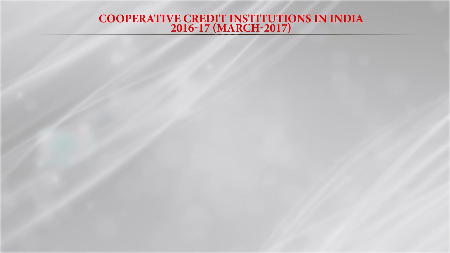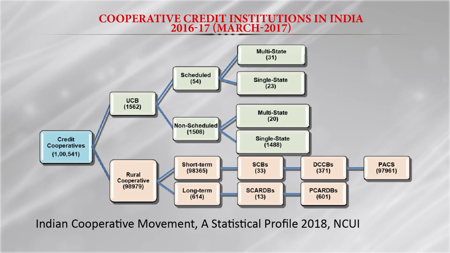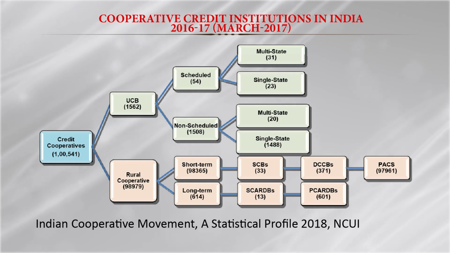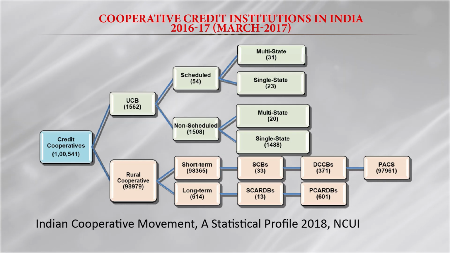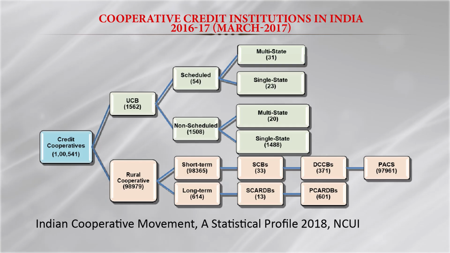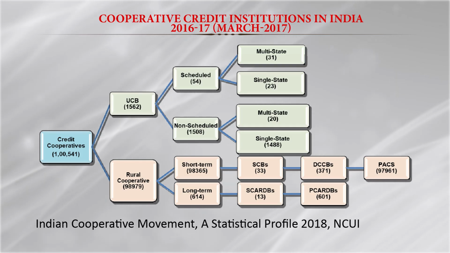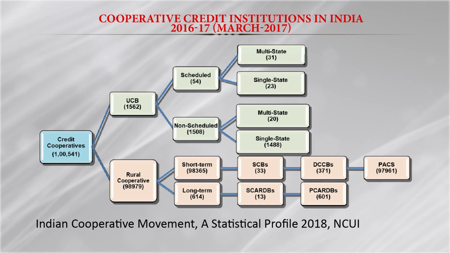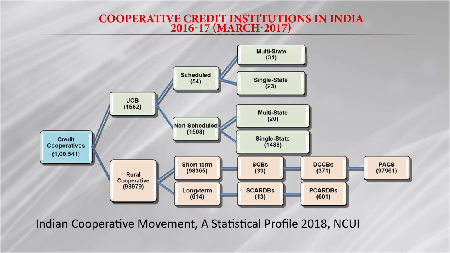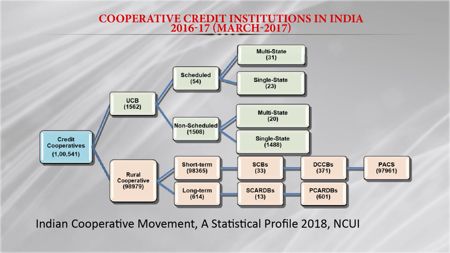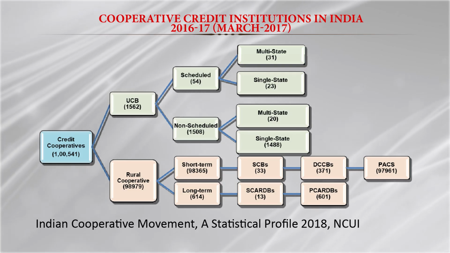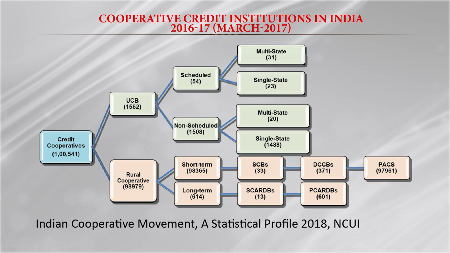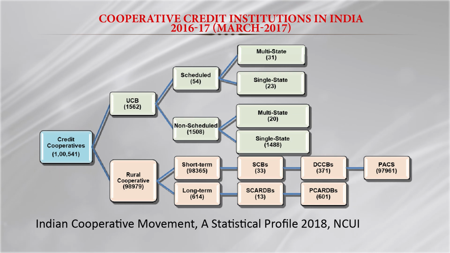So in this slide you can understand the complete picture of the organizational setup for the credit institutions. We have 1,541 credit cooperative societies in India, and out of that there are two types: one is the urban cooperative bank, another is the rural cooperative bank. In case of urban cooperative there are a total of 1,562 branches.